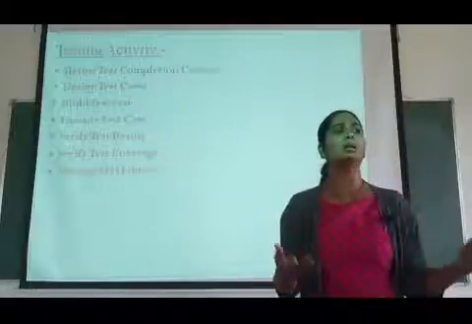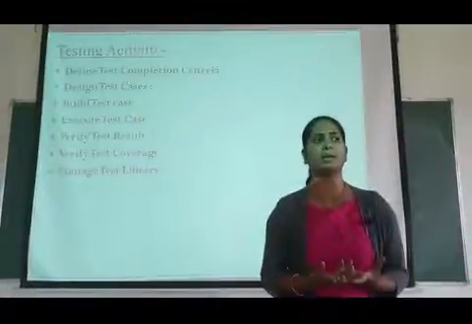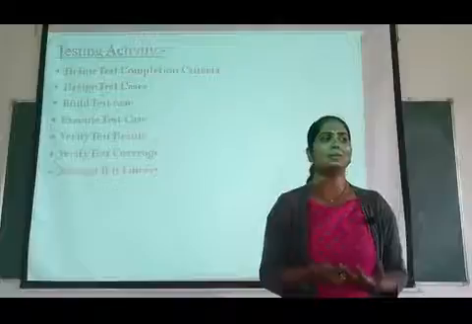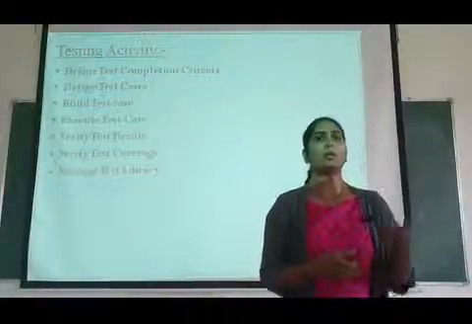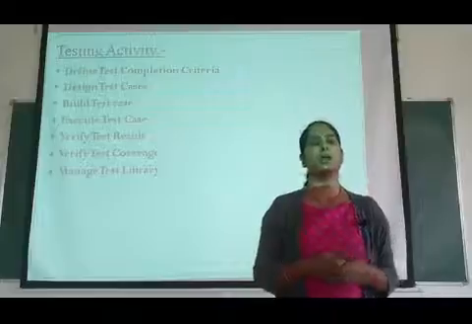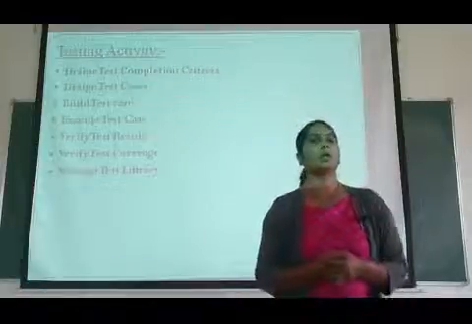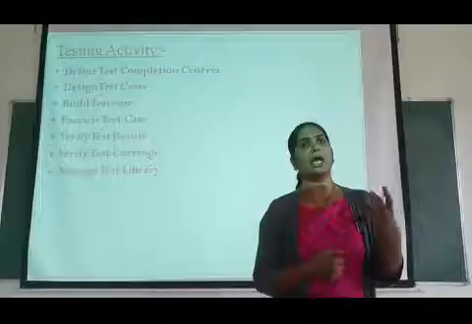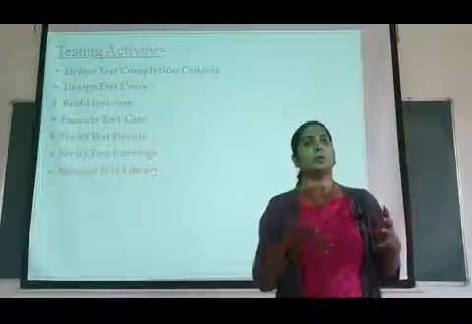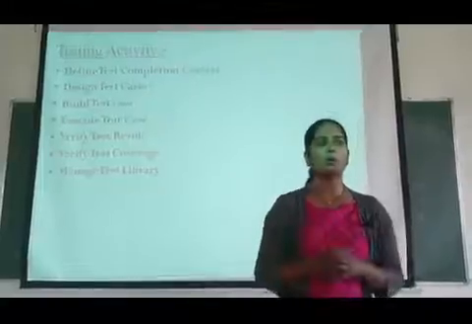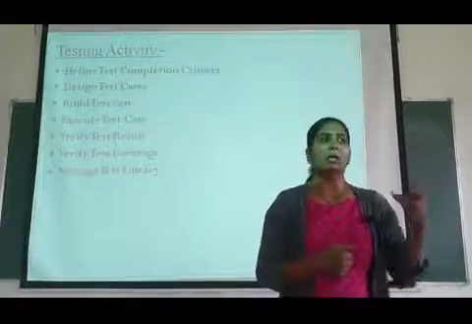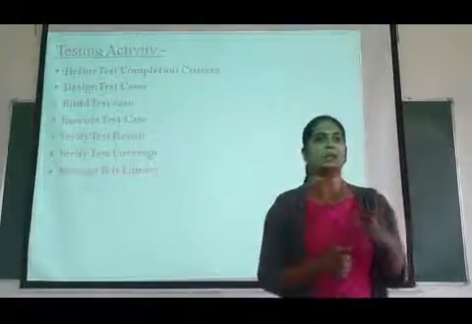How are you going to consider that the test completion criteria is met? When the test coverage is 100%, when we are getting 100% of the result. What it means is that whenever we are getting the expected output as per the customer's requirement, then we consider that the test completion criteria is defined.